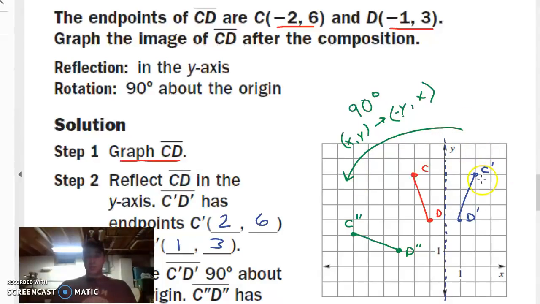When you do that, you're switching from the first quadrant over here to the second, and you're using this rule to do it. Your (x, y) become (-y, x), and so the new coordinates that you get are going to be (-6, 2). That's really coming from your C prime value of (2, 6), and you get D double prime at (-3, 1). That's coming from your D prime value of (1, 3).